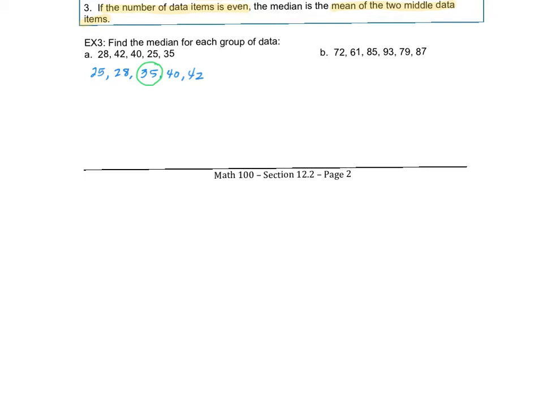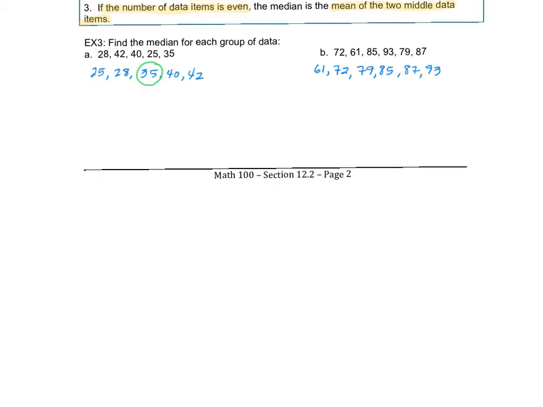In example B, it's not in order. It looks like 61 should be the smallest, and then 72, 79, 85, 87, and then 93. Now my data items are in order. I have an even number though. I have 6 of them.